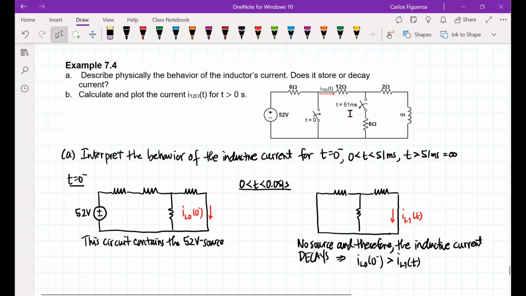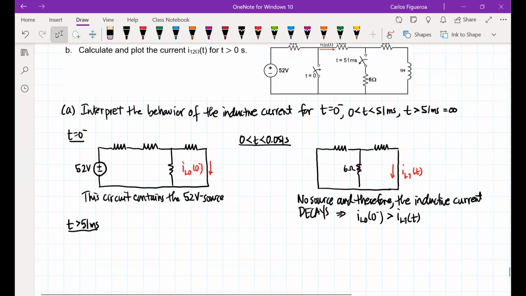At t equal to 51, this 6 ohm is going to disappear from the circuit. So at t greater than 51 milliseconds, you're seeing a circuit that goes from a low resistance, because these two resistors are in parallel, to a higher resistance because there's no more 6 ohm.